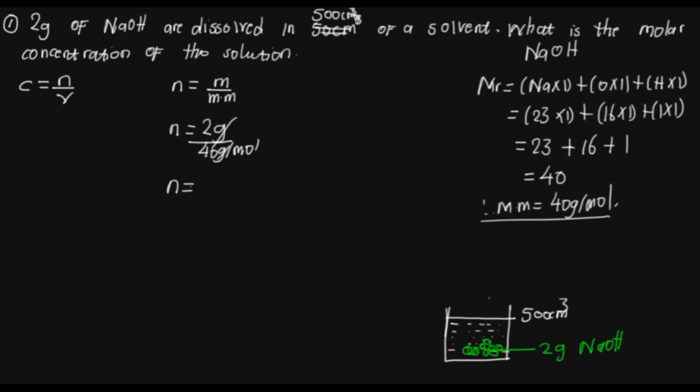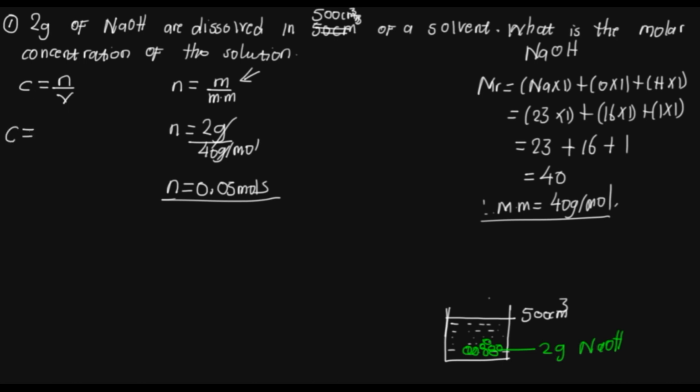Number of moles is equal to 2 divided by 40, so we have 0.05. So this is the number of moles. Whenever you are given mass and want to find the number of moles, this is the formula to use. So now we can go back.